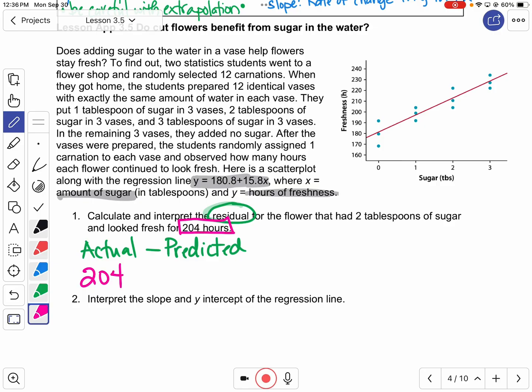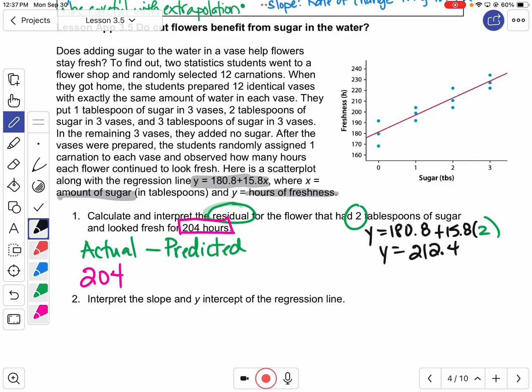To figure out that predicted value, we're going to go up here and use this equation. So y is going to equal 180.8 plus 15.8 times the number of tablespoons we were putting in there, which was 2. We use our calculator, and it gives me 212.4.